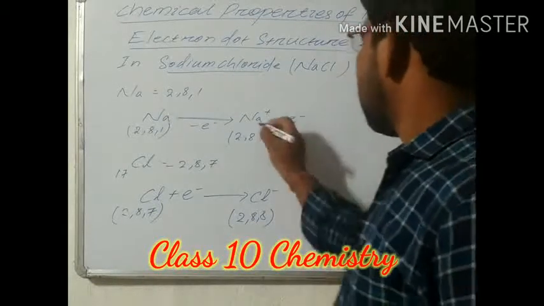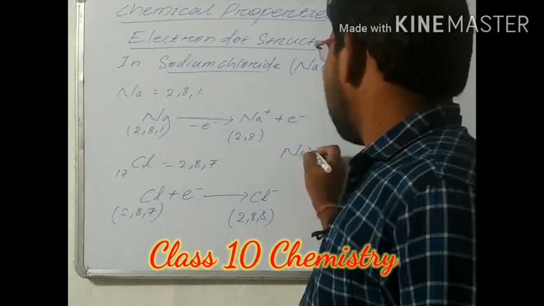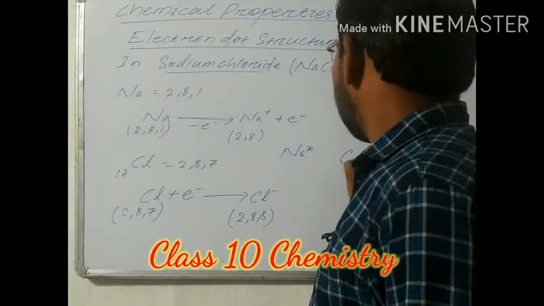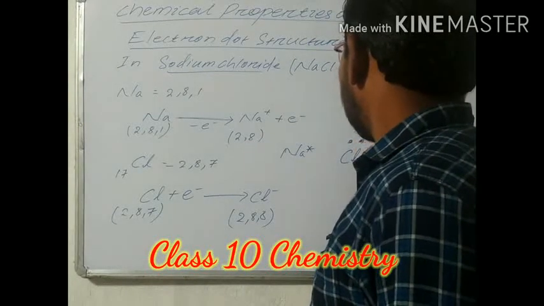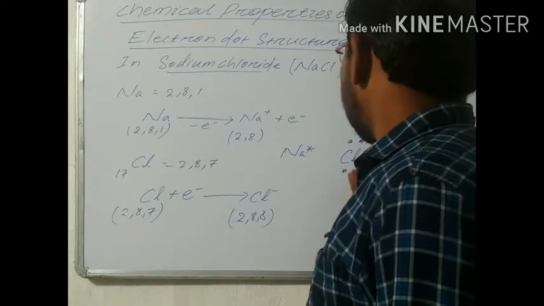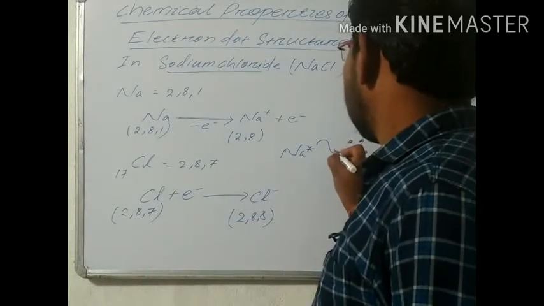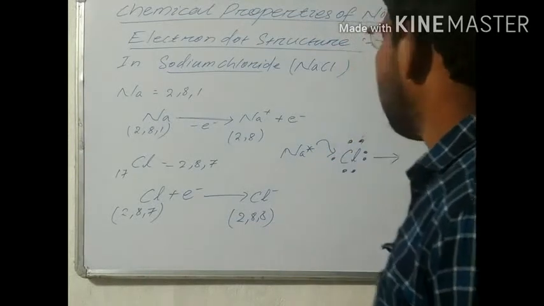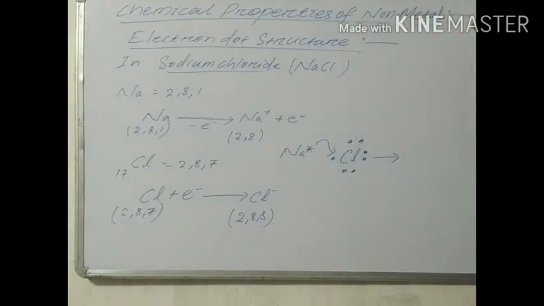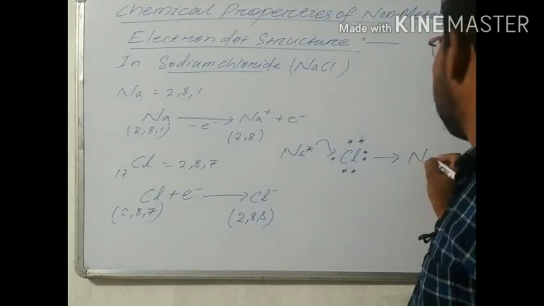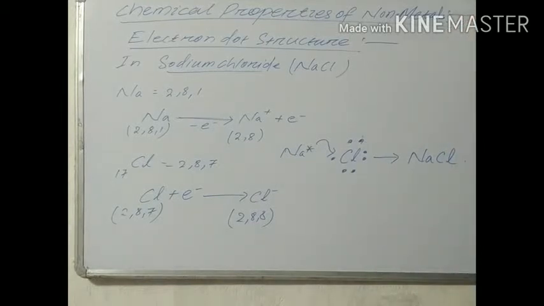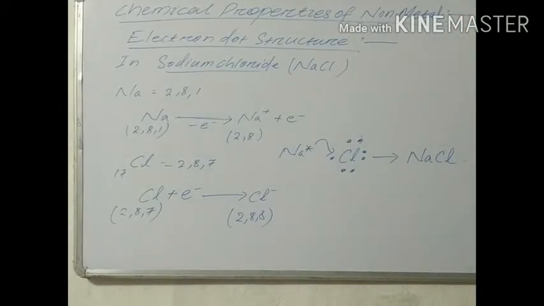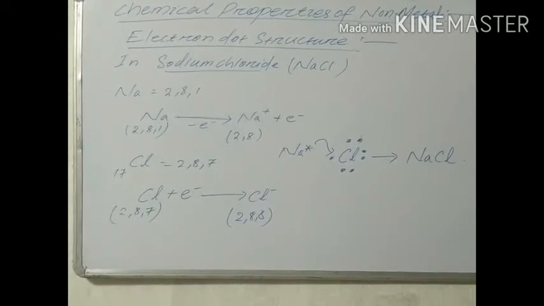So sodium's outer 1 electron is lost to the chlorine atom. Their outer shell has 7 electrons, so they form sodium chloride, NaCl.